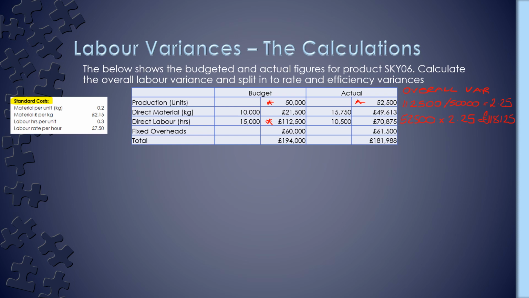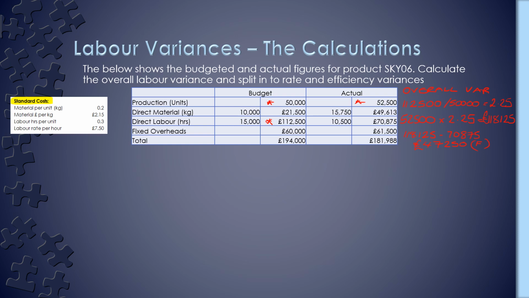So we expected to spend £118,125, but in fact we only spent £70,875, which gives us a £47,250 favourable variance, because we were expecting £118,125, but we actually only paid £70,875.